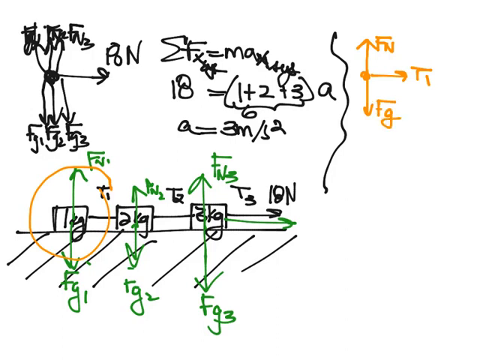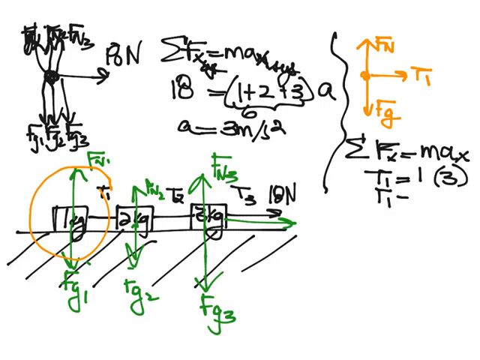Okay, and if I want to know what T1 is, I can use sigma Fx equals max. I know that the only sidewise force on my 1 kilogram mass is T1, so I have T1 minus 0, because it's right minus left, is equal to the mass, which is 1 kilogram, times 3. So I know that T1 is equal to 3 newtons.